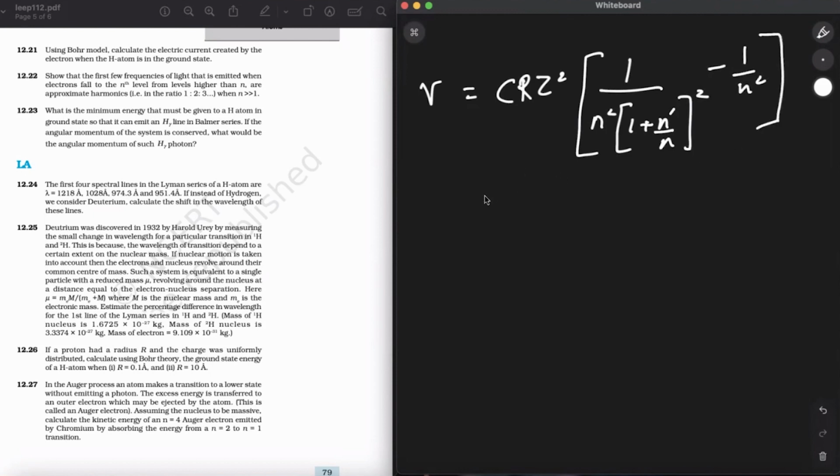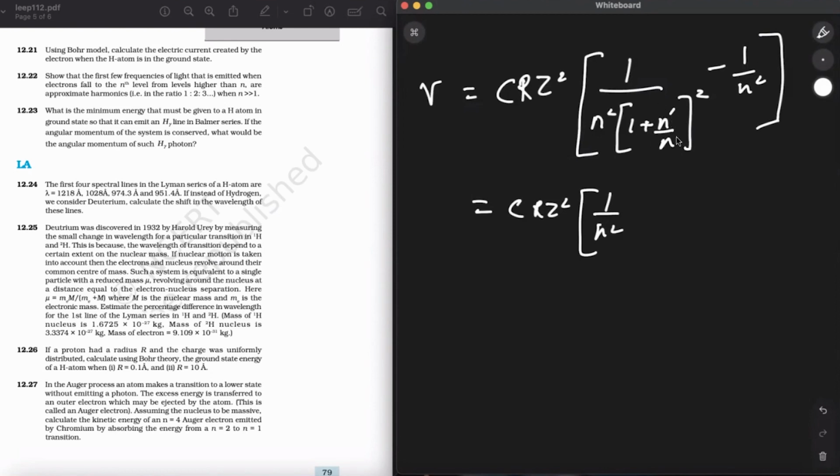Alright. So now if we try to solve this, तो c R z square 1 upon n square तो common ले चुके हैं already. And we all know that we can write it 1 plus n dash upon n raised to the power of minus 2. And since n is greater than n dash, so it is a very small value.